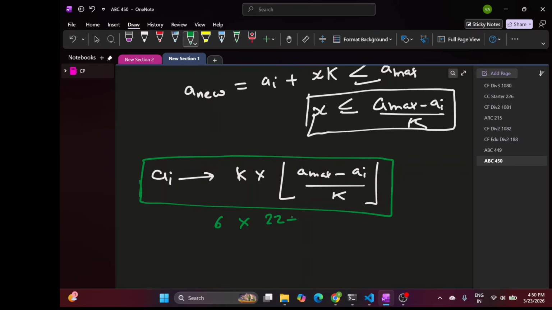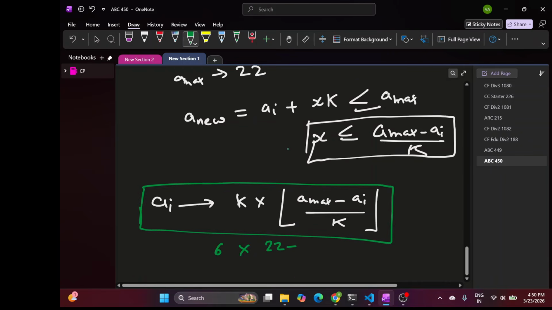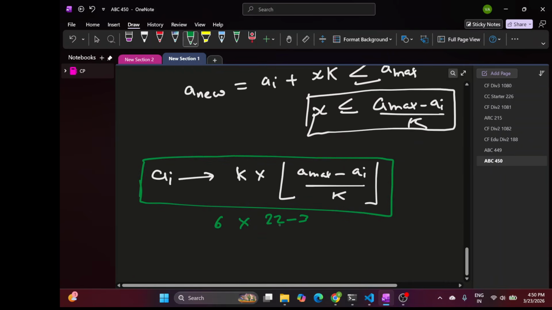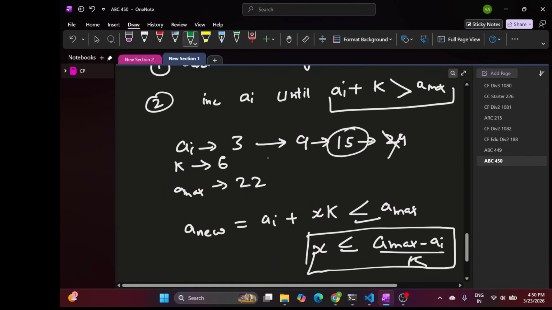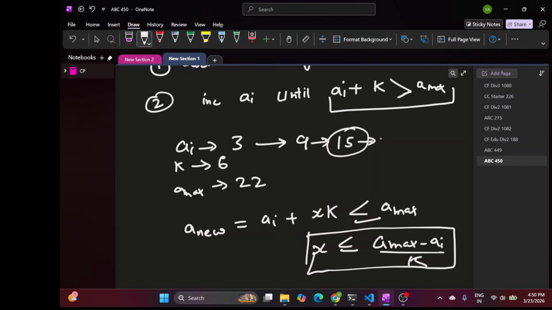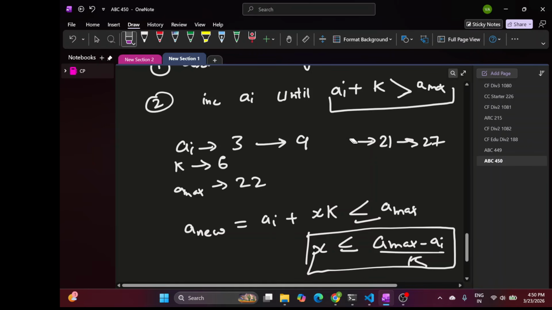So it is 22 minus 3 upon 6. 3 plus 6 is 9, 9 plus 6 is 15, 15 plus 6 is 21, and 21 plus 6 is 27. So we will stop at 21 and not 15.